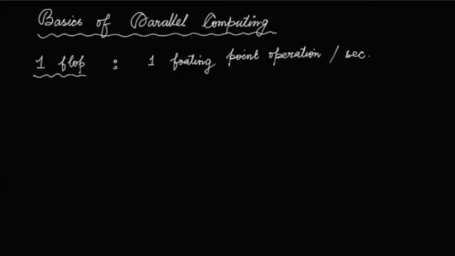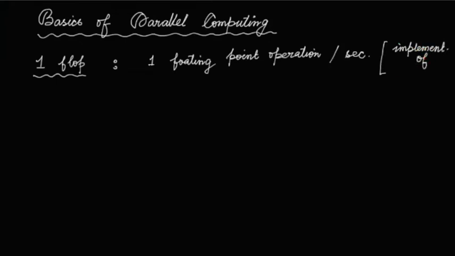So what is a floating point operation? You can think of just adding two floating point numbers. Now this will depend on how your floating point is defined, on the implementation of float.